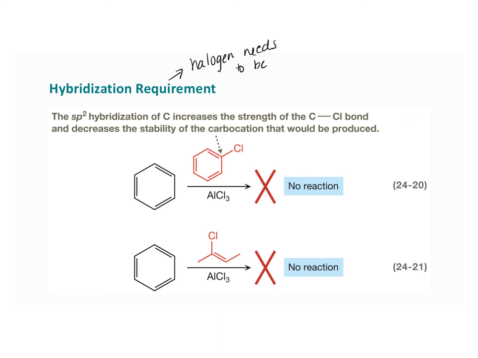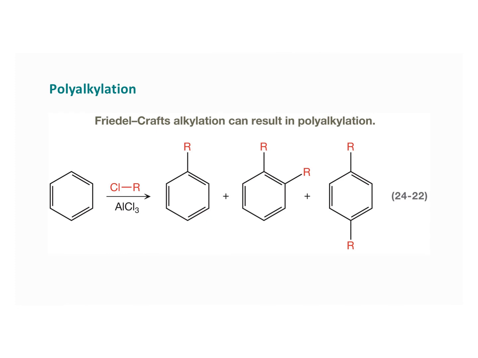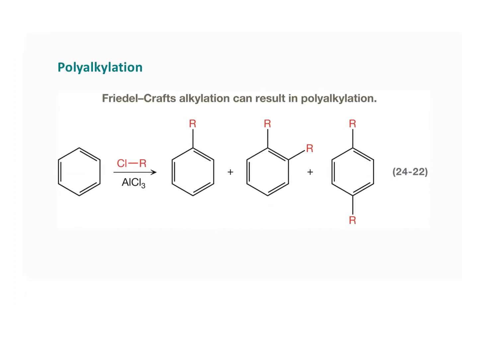So the halogen needs to be bonded to an sp3 carbon. And so that's one of the limitations of this reaction. And then the third limitation of Friedel-Crafts alkylations arises because each alkyl group attached to an aromatic ring makes the ring even more reactive towards electrophilic aromatic substitution.